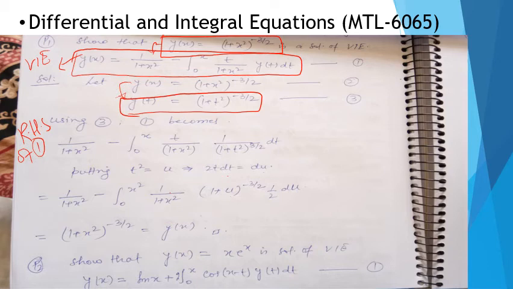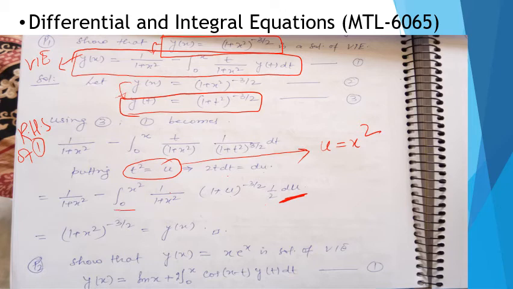If t square is equal to u, then u is equal to x square. Put the limits in terms of u, 0 to x square. t dt is equal to du by 2, and 1 plus t square is 1 plus u, to the power minus 3 by 2.